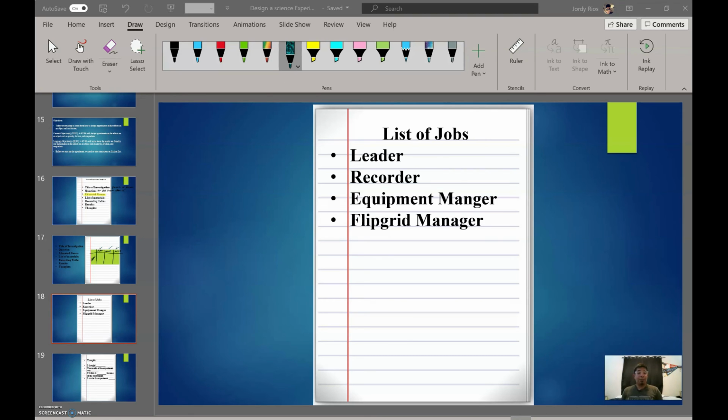Just a reminder for the Flipgrid video, you're not just recording the experiment. You're saying, oh, this is happening, oh, yes, we agree. You're saying what's going on in the experiment.